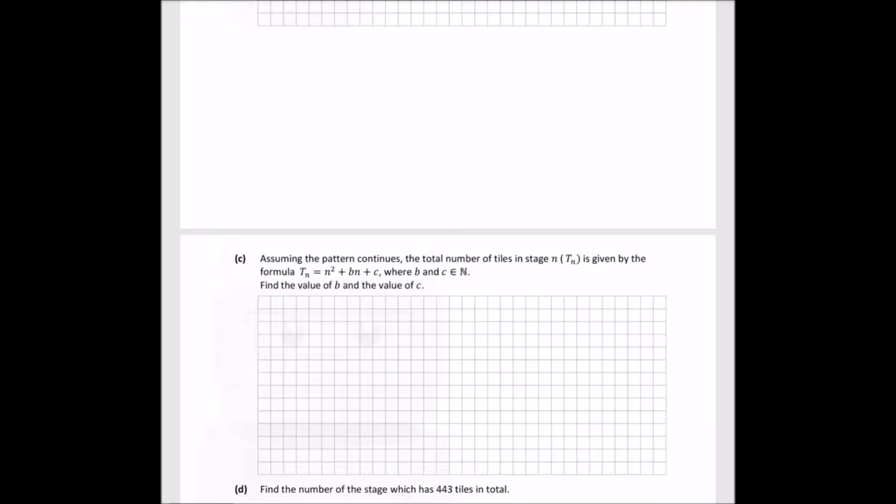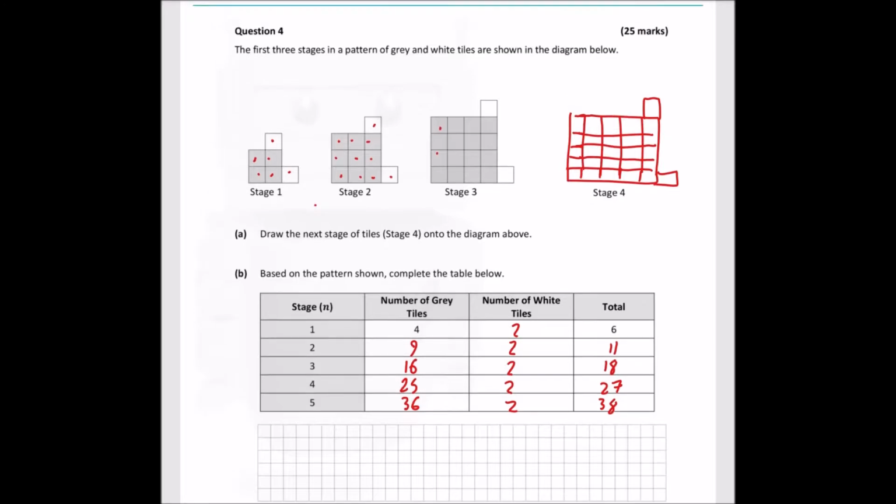Okay, assuming the pattern continues, the total number of tiles is given by this formula. Find the value of B and C. Okay, so here's our Tn equals n squared plus Bn plus C, and we have to find B and C. Well, let's look.